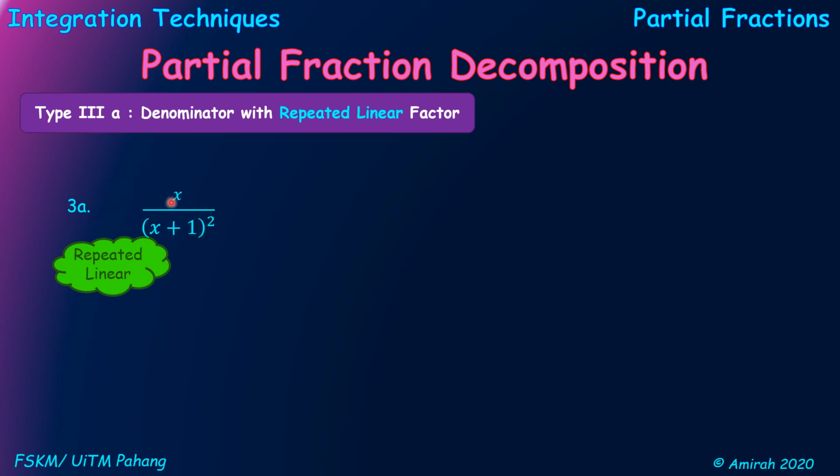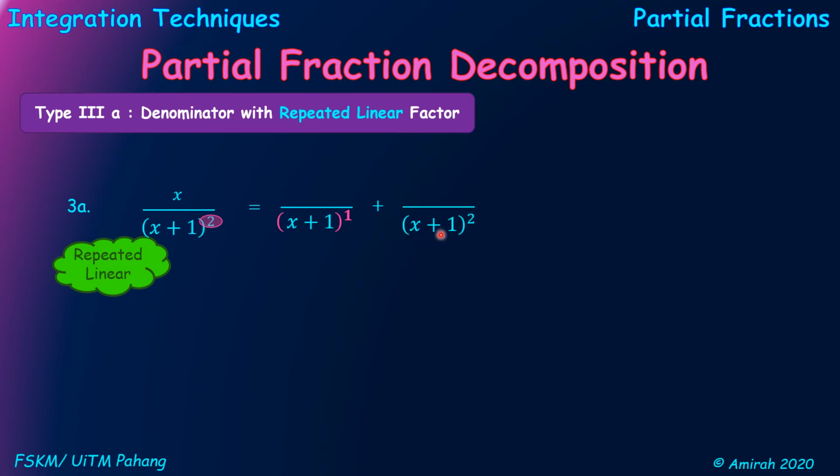From the original fraction, we have a denominator with a square here, so this is called a repeated linear factor. So we can write it as the sum of partial fractions. The first denominator should be x plus 1, actually the bracket to the power of 1, and then plus, the second denominator should be the bracket squared.